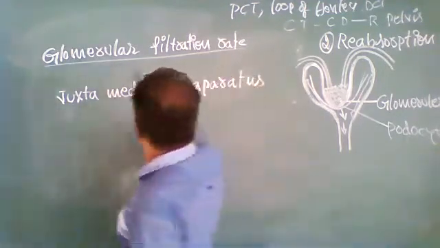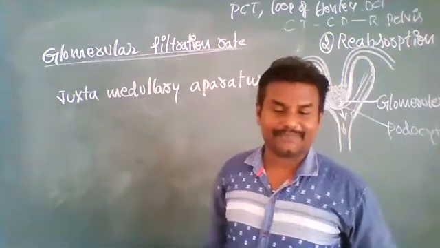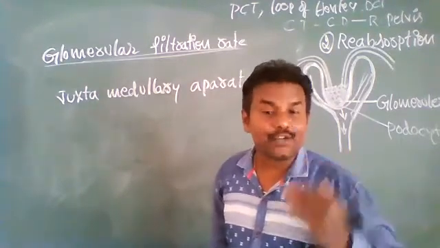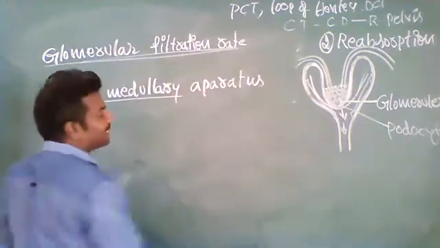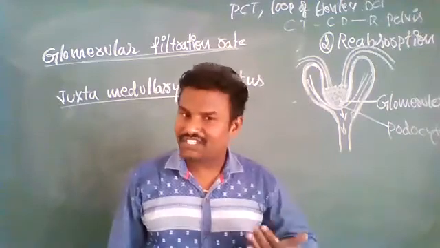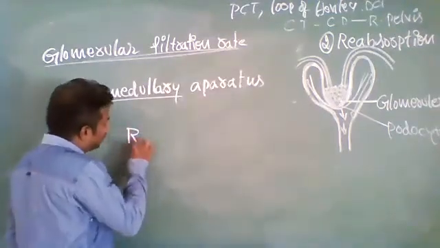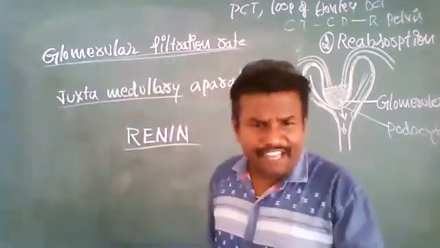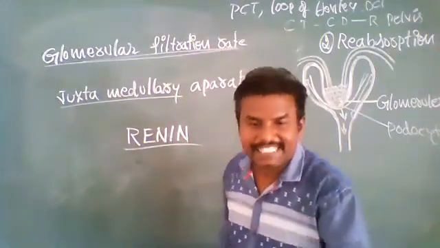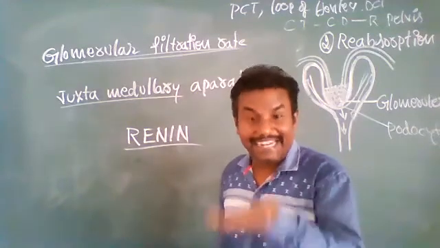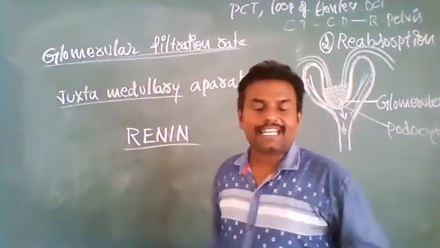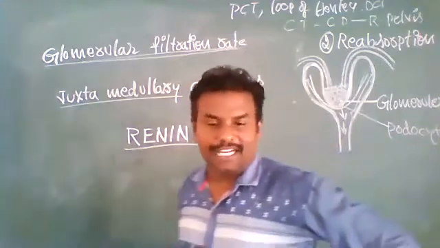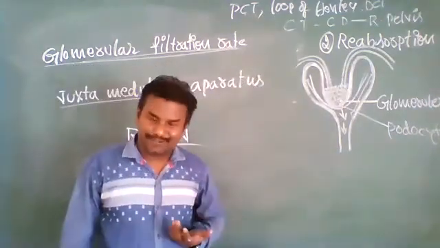Whenever glomerular filtration rate is decreased, immediately the juxtamedullary cells activate and release a protein called renin, which can stimulate the glomerular blood flow.